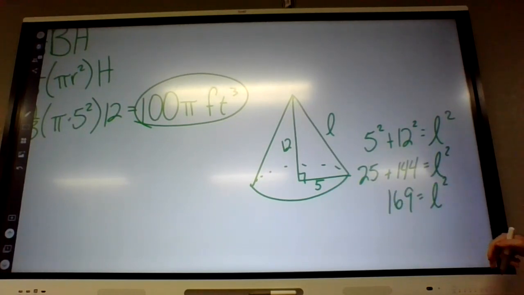What's the formula for cone surface area? Well, Shannon's not here. Does anybody have the cone surface area handy? Really? Only Shannon has notes? Yep. Pi r squared plus pi r l.